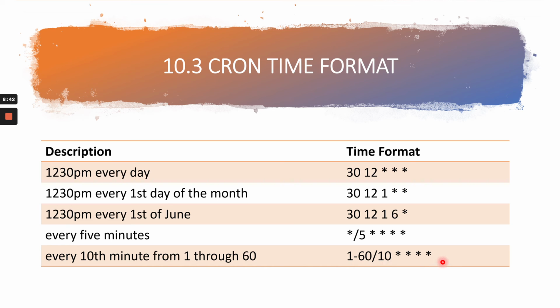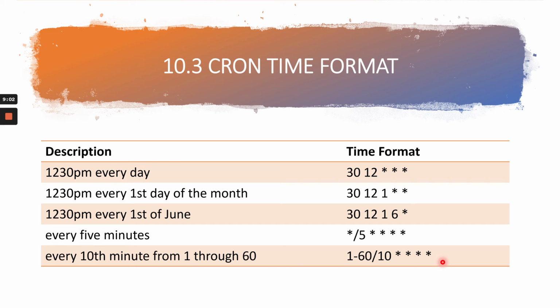The rest is asterisk because it's not mentioned anywhere in the description. It does not mention the hour, the month, the day of the month, and the day of the week. That is the reason why we are using asterisks on those fields.